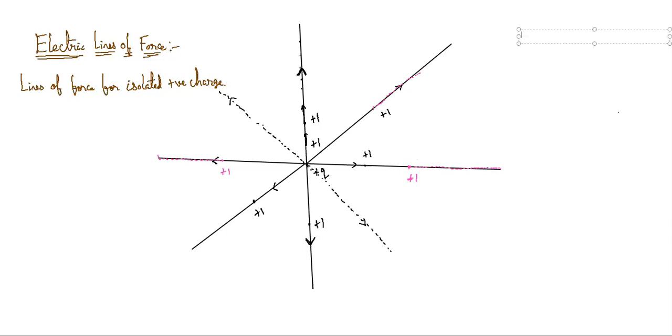It is a path along which a unit positive charge moves when placed in an electric field.